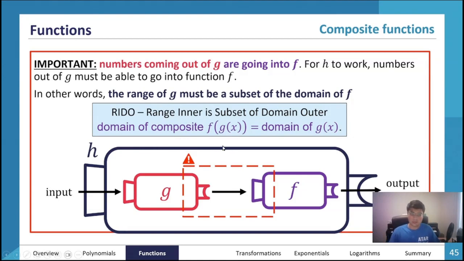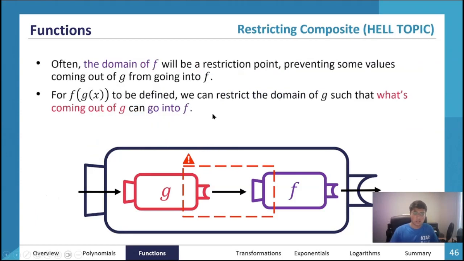Another thing to note is that the domain of the composite function f of g of x is going to be equal to the domain of g of x. If you spend some time looking at that diagram, you'll start to realize why. The reason composite functions is such a difficult topic is that often the domain of f is going to be a restriction point that prevents some values coming out of g from going into f.